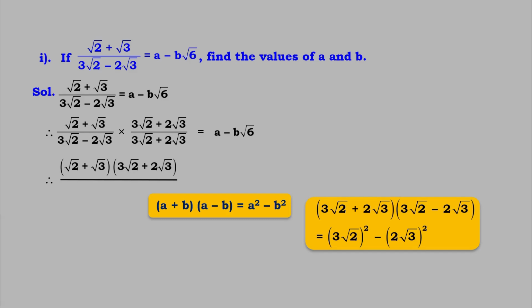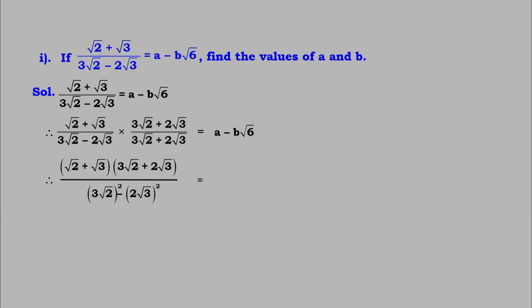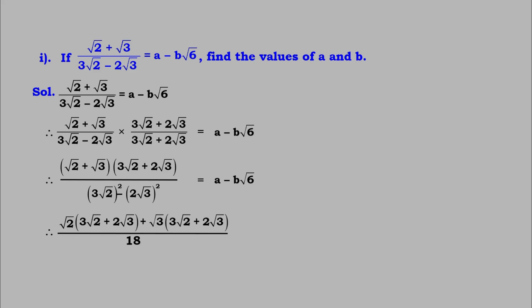(a plus b) into (a minus b) equal to a square minus b square. So we got this. Now simplify this. Remove the bracket, root 2 multiplies with 3 root 2 plus 2 root 3, and similarly multiply root 3 into 3 root 2 plus 2 root 3. And if we simplify the denominator, we got this value.